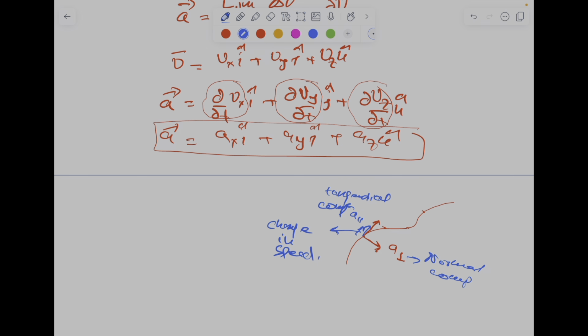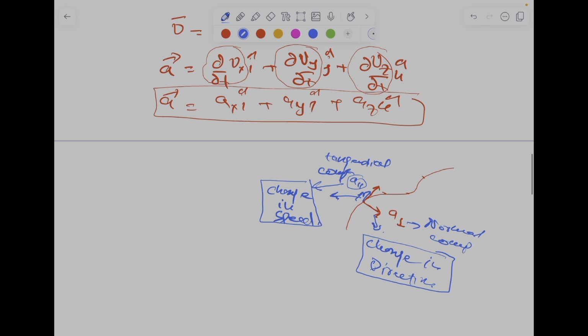The perpendicular component, perpendicular to the tangent to the path, tells you about the change in direction. So this component of the acceleration tells you about the change in speed, and this component gives you the change in direction.